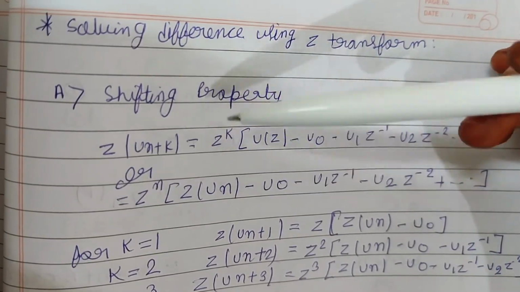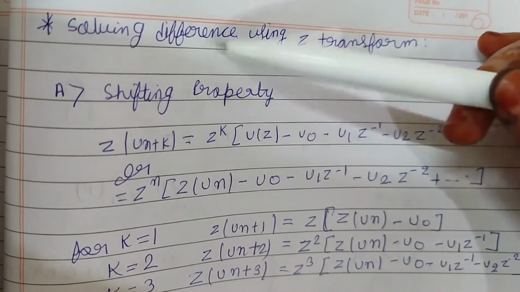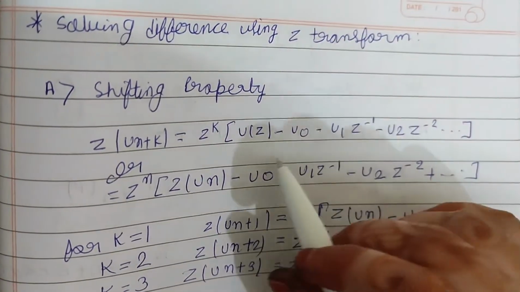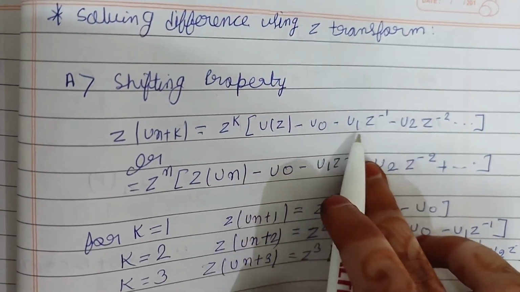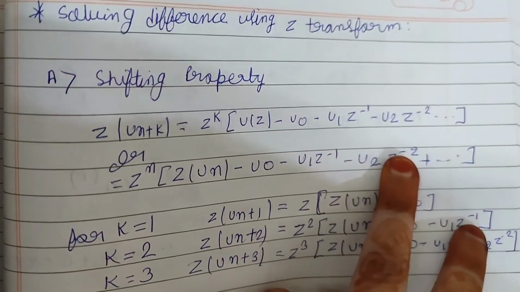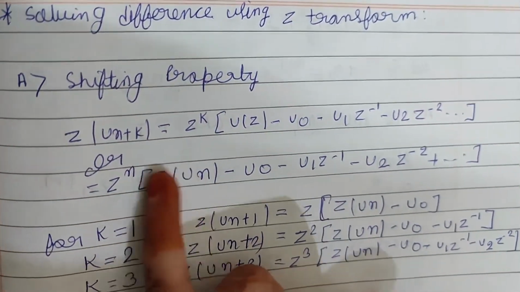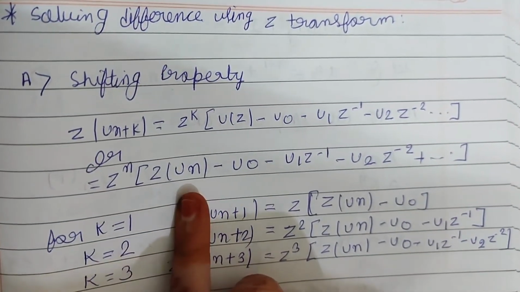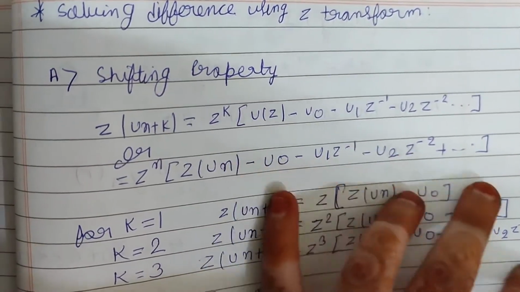So there are properties like the shifting property. If it is written u(n+k), you expand that in this way: z^k [U(z) minus u0 minus u1/z minus u2/z^2 and so on].